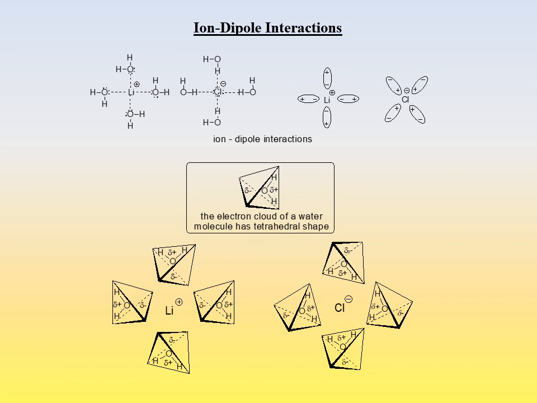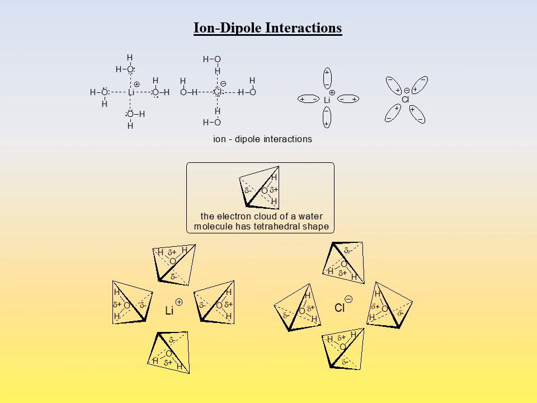So each ion is surrounded by as many oppositely charged ends of the dipole as possible. So here we have an example of dissolving of lithium chloride in water, where we can see that the lithium cation is surrounded by 4 molecules of water, where free electron pairs of water interact with the positively charged lithium cation.